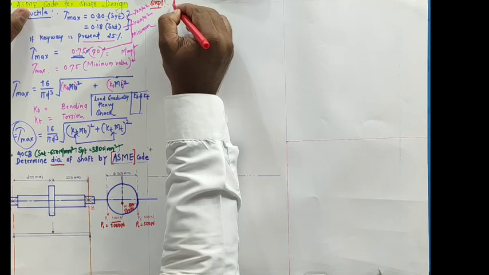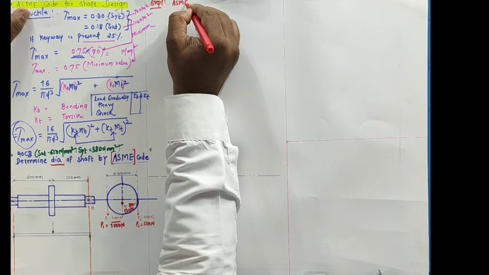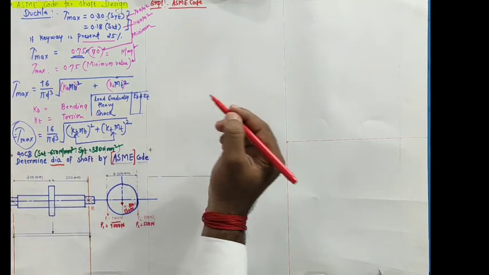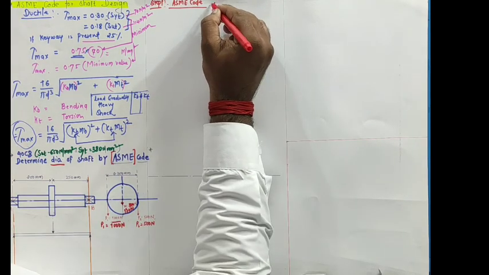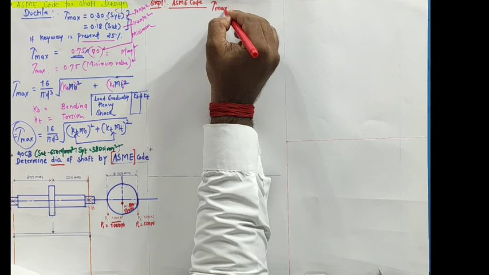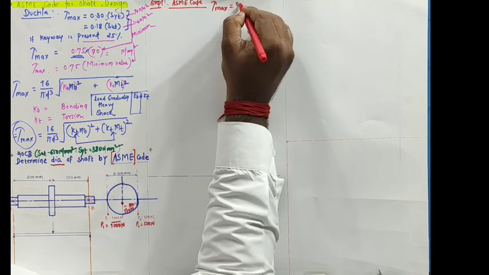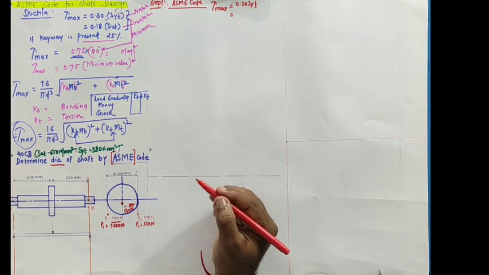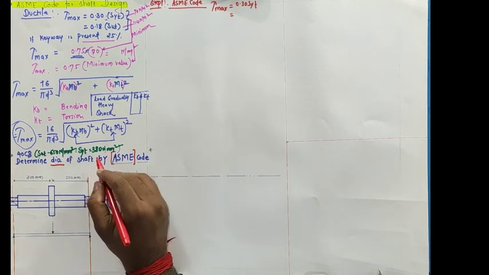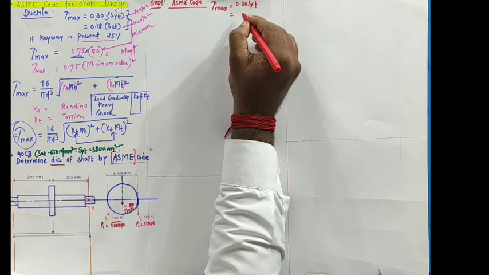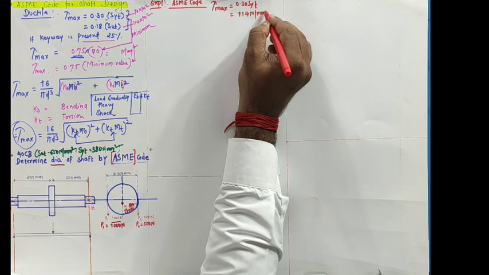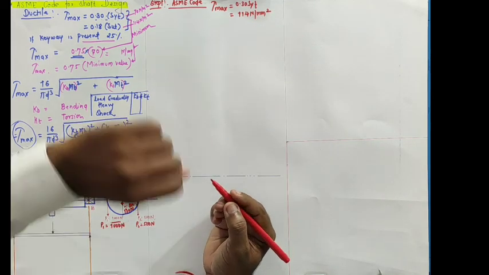From the ASME code, you can see the equation suggested: tau max is equal to 0.30 times SYT. SYT they have given as 380, so I get directly, by considering SYT, 114 Newton per mm square. This will be the first.